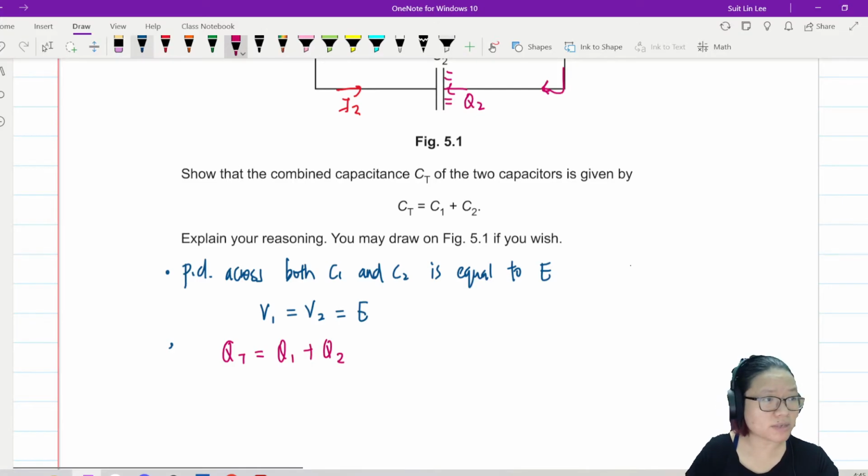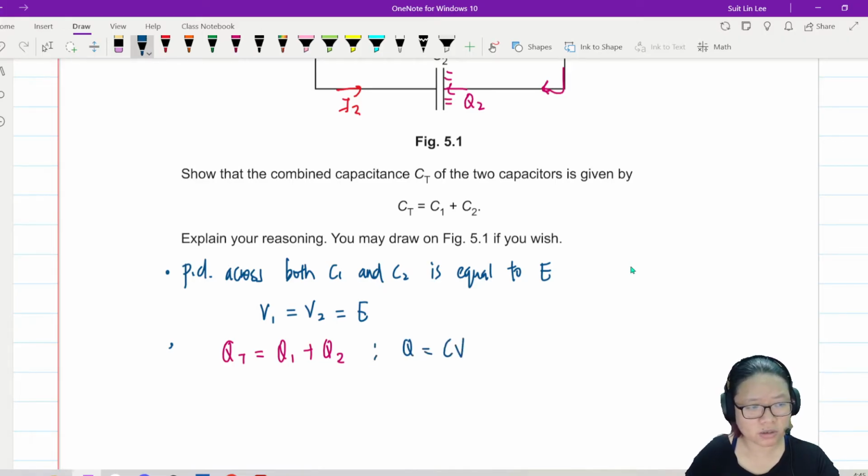Okay, then the second thing to use is that since Q is equal to CV, so this will be the total capacitance, the potential difference across the total capacitance, which is actually E. But I'll write everything first, C1 V1 plus C2 V2.